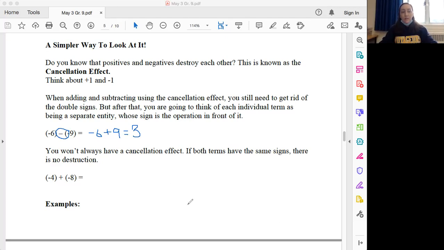You're not always going to have a cancellation effect. It still kind of works here, but you have -4 minus 8. In this case, I like to think of it as money and owing. So let's say I owe Tessa $4 and I owe her another $8.